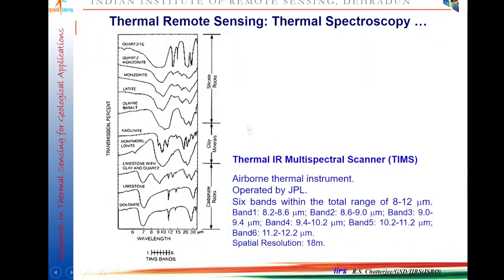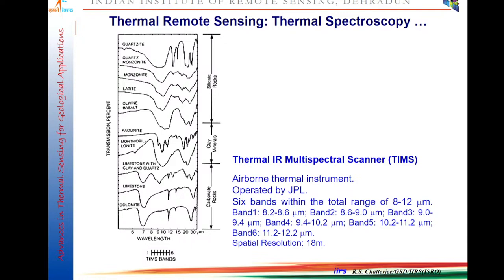Here you see, this is very important, that not only the silicate rocks but also clay minerals and most importantly carbonate rocks have characteristic, very narrow absorption peaks in the thermal range, but these are not well studied because we do not have thermal spectroscopic data till date.